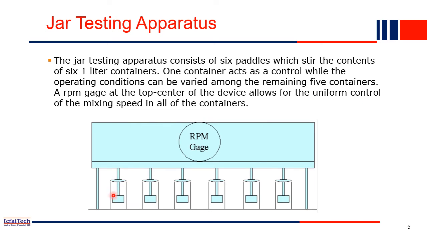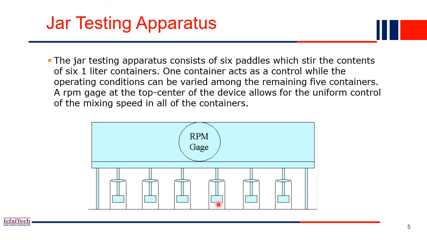One container will have the original water, and in the other containers we add the coagulant in some percentage. So in one jar, maybe you add 1% of coagulant, another maybe 2%, 3%, like that. In 5 different jars, you add 5 different percentages of coagulant. These are also connected with a paddle, so all jars can be stirred.